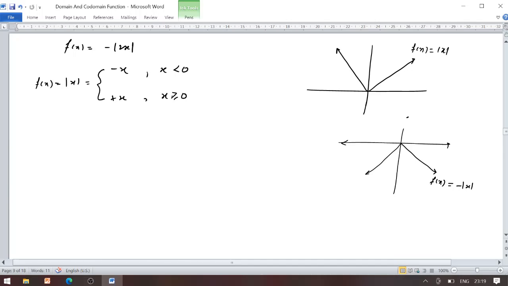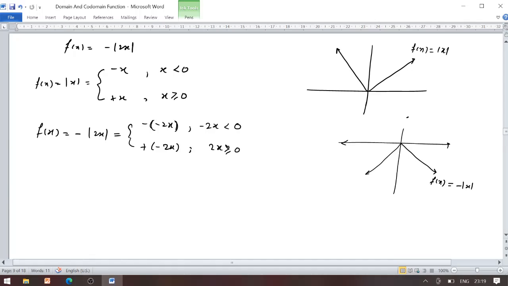So instead of x, we now have the function as minus of mod of twice x. So whenever minus of 2x is strictly less than 0, and whenever we have positive value of minus of 2x at a point where twice x is greater than or equal to 0.